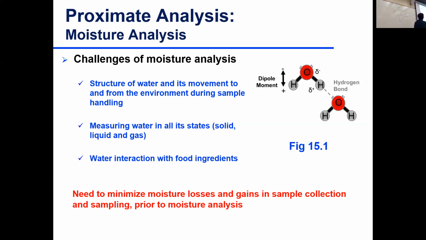We need to measure water in all states, which is impossible because it might be lost very quickly. You're not able to quantitate water in the gaseous state. Solid state is basically ice. So it is really hard to get the accurate moisture content, and that's why it's proximate analysis of moisture.